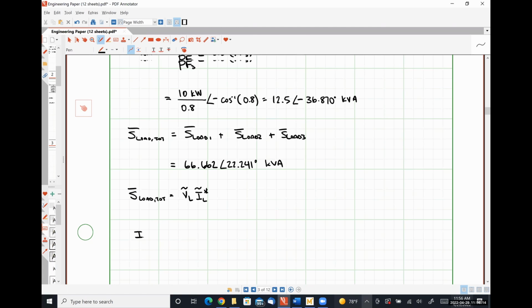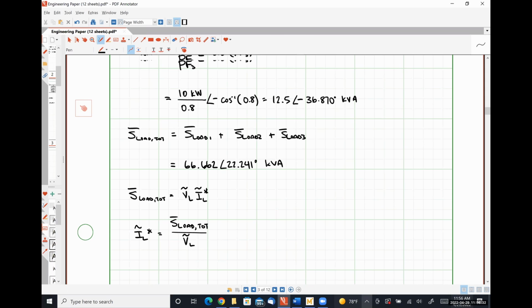So IL conjugate would be S load total divided by VL.